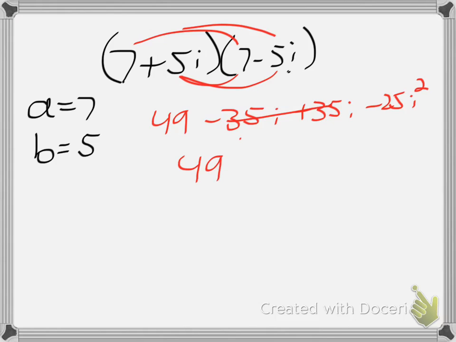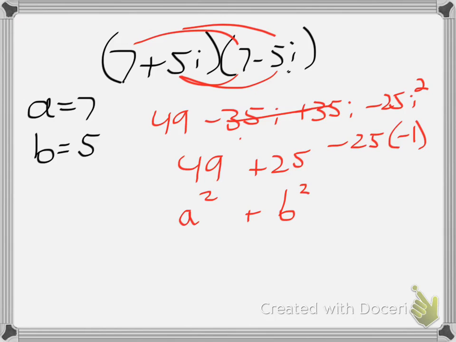So I have 49, and there's my a squared. Minus 25, and i squared we substitute as negative 1, which becomes plus 25. So now plus, and there's my b squared.